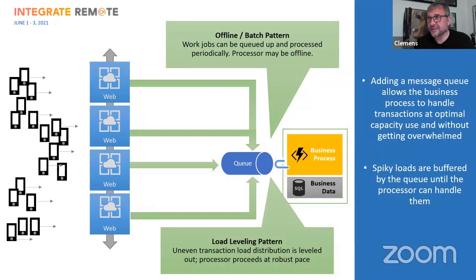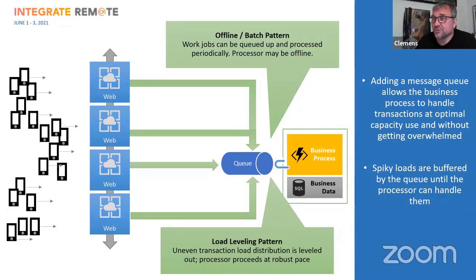Another characteristic is that you get offline and batching, which means you can load data into a queue if the business process gets upgraded. So if you have a business process which is not easy to upgrade without downtime, then you can take that business process down. All the messages will stay on that queue. You can bring that business process back up, and it will read the data then, but the front ends, the submitters, can still send messages to you.